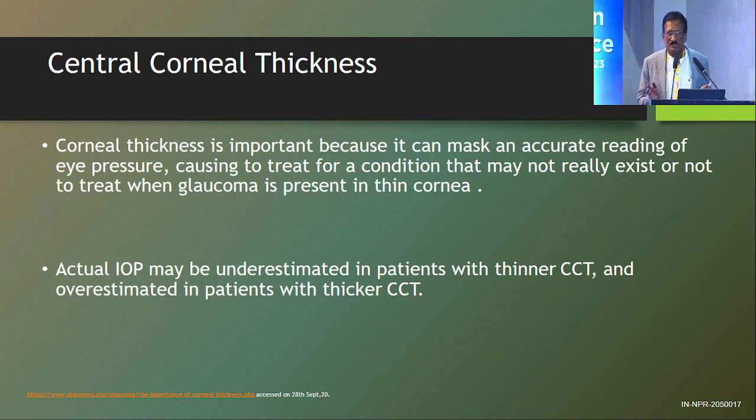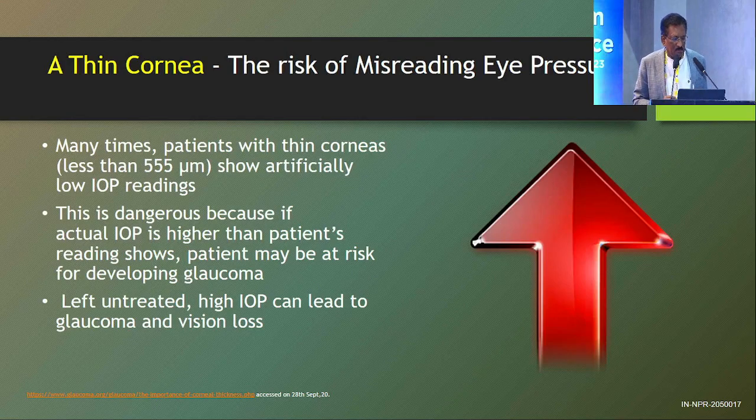So corneal thickness we all know, because a higher thickness will overestimate the intraocular pressure and a lower thickness will underestimate the intraocular pressure. We should not get biased by that. The risk is misread by the eye pressure. Suppose you diagnose glaucoma basing only on intraocular pressure, with a thick cornea and a thin cornea, it is very dangerous.